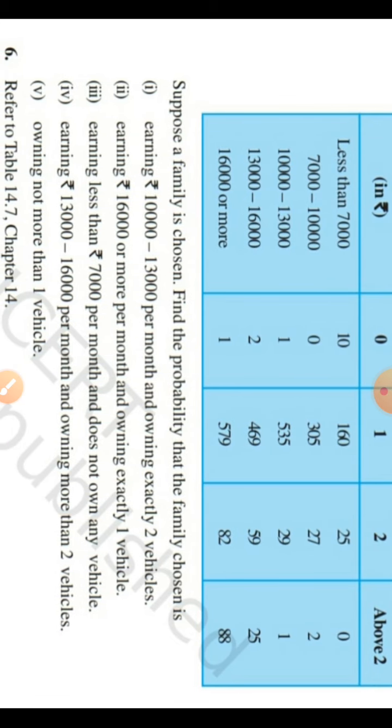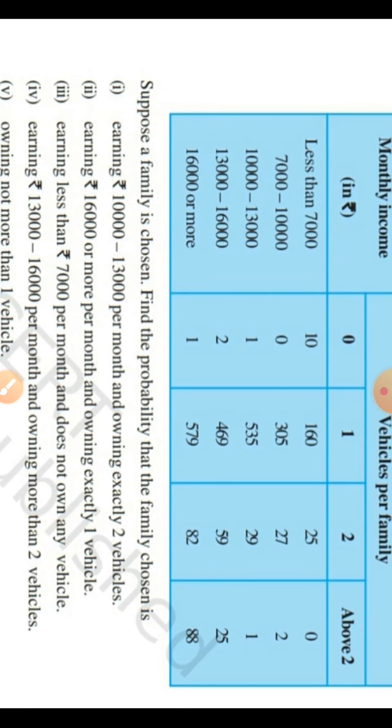Now look at the next one. Earning 16,000 or more means the last row. Owning exactly one vehicle. So obviously, last row, second column. Row means horizontal, column means vertical: last row, second column.